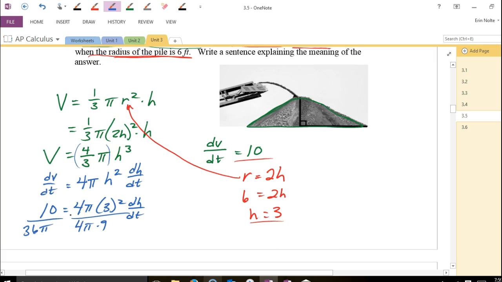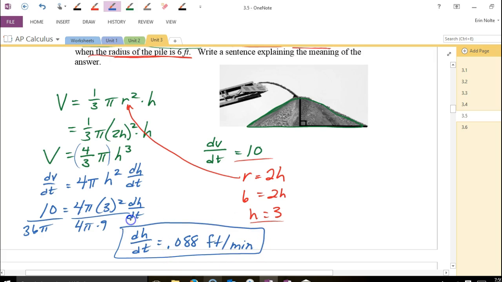So 10 divided by 36 pi is going to be my dh/dt. If I plug that into the calculator, I end up getting 0.088 feet per minute. Remember, I always want to round to 3 decimal places. And there is my change in height with respect to time.